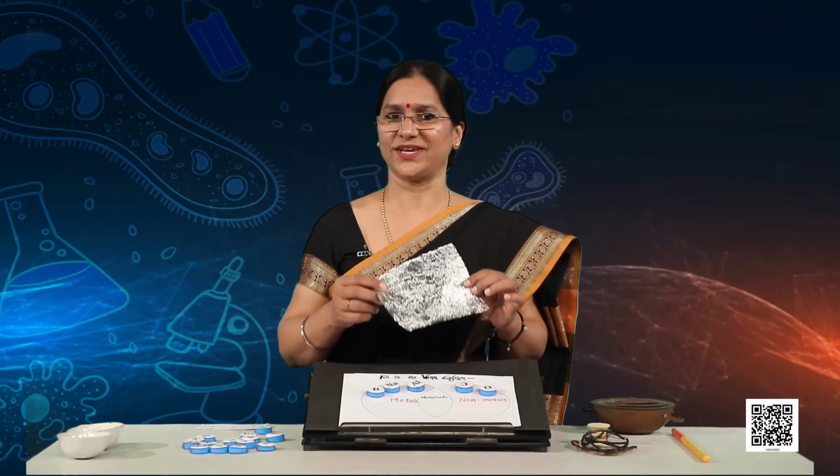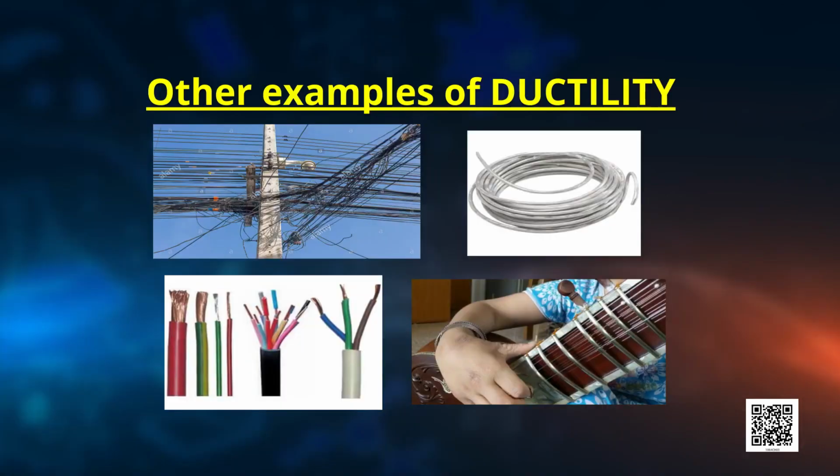Quiz question number 3. If I tell you wire of about 2 kilometers length can be drawn from just 1 gram of gold, which property I am talking about? Correct, ductility.